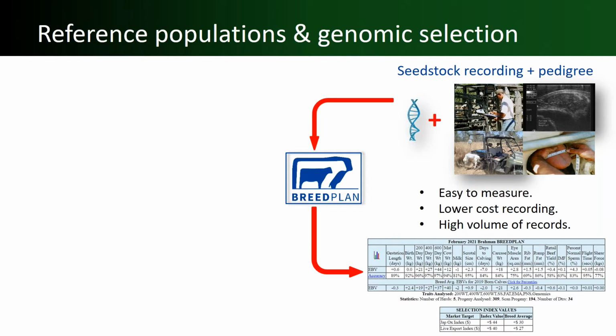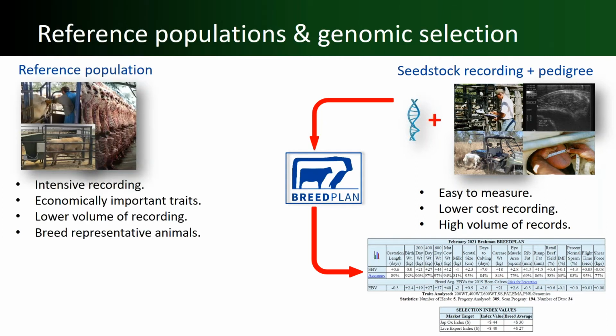The real development around this reference population idea is that we're now able to intensively record data in these reference population projects. We really focus on economically important traits, identified via our breeding objective system, and they're recorded at lower levels.